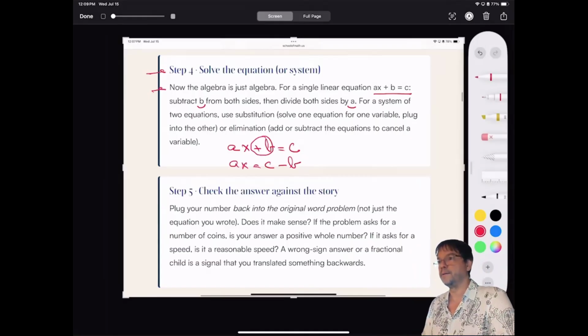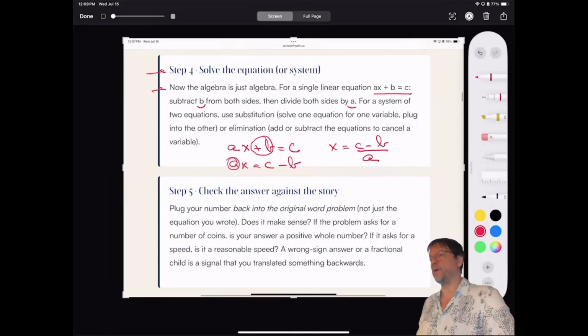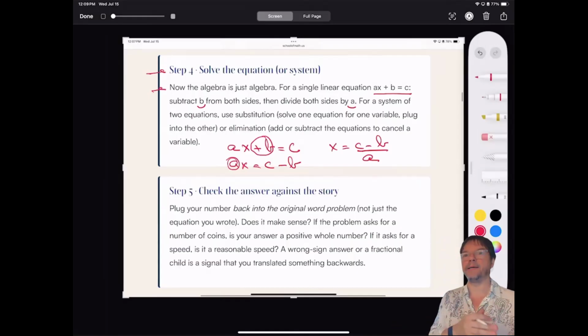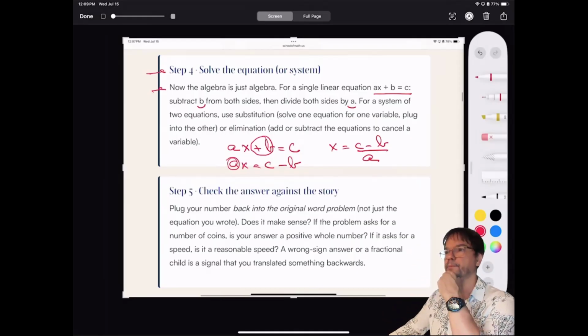Do you agree? Okay. And a is multiplying. Do you agree? So you pass dividing. You don't need to divide one side by a and the other side by a. My God, this is a total waste of time. Is that okay for you?